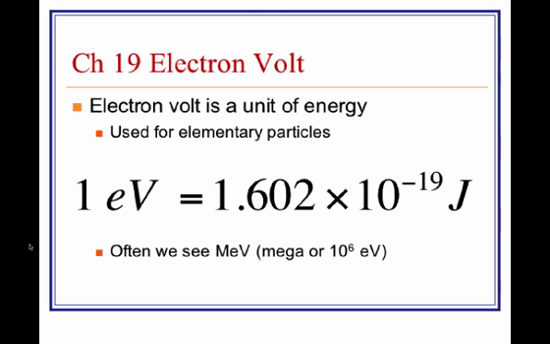That's a very tiny amount of energy, but when you talk about lots and lots of electrons or interactions happening at one time, it becomes very large. We often see bigger units, like the mega electron volt, which is 10 to the 6th electron volts, and it's one more step to convert everything.